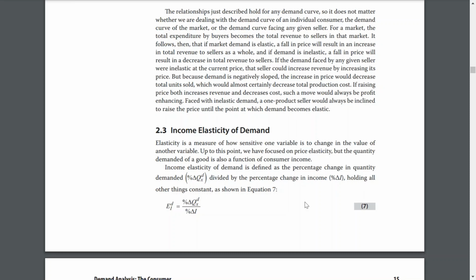Income elasticity of demand is defined as the percentage change in quantity demanded divided by the percentage change in income, holding all other things constant, as shown in equation 7.